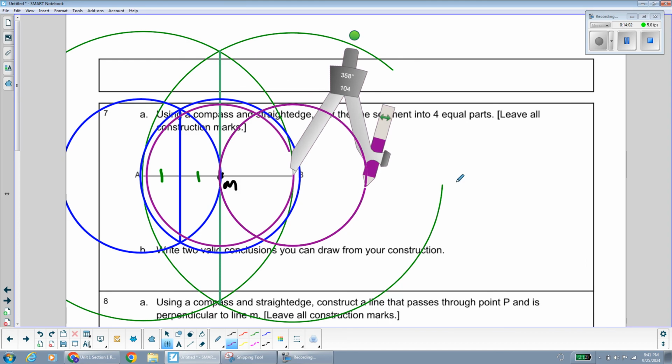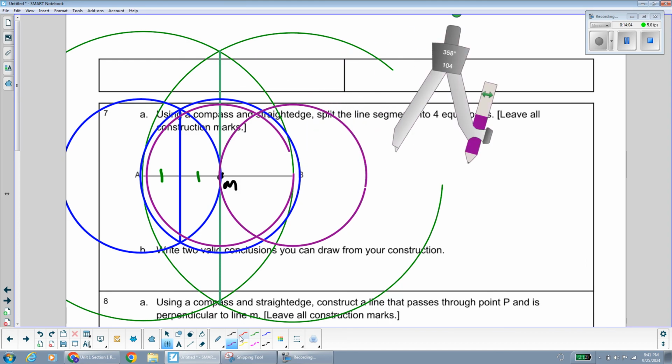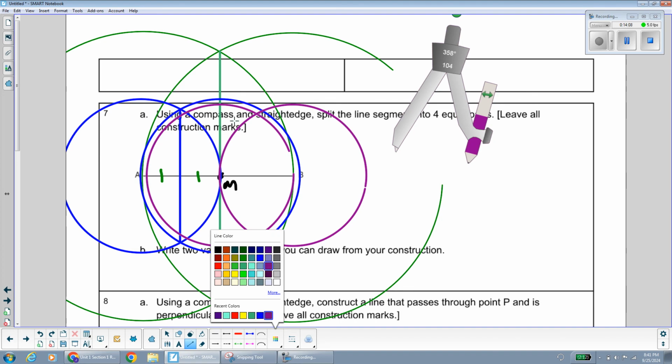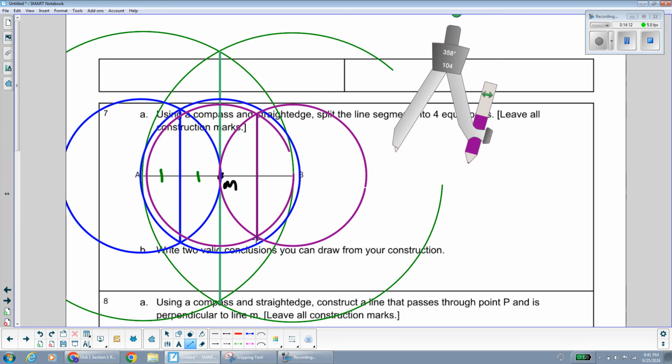Same circle. Through the intersection points. Here's our perpendicular bisector. Two equal parts. Now we have 4 equal parts in total of our original line segment.